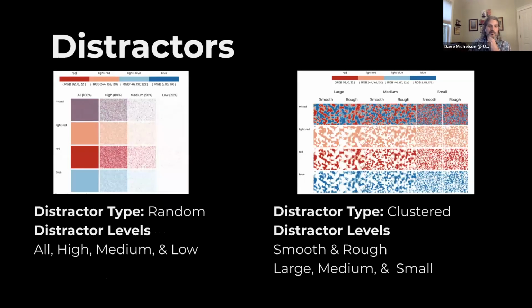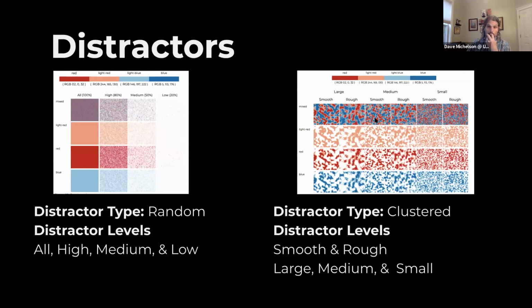For my distractors, I had 2 different types. I had that random, as I said before, and then this cluster. Things to note about the random is that as you move from high, medium, low, what we're really doing is changing the number of distractors. We have the most distractors here to the least distractors here. So they're somewhat categorical, but they're also providing number of distractors.